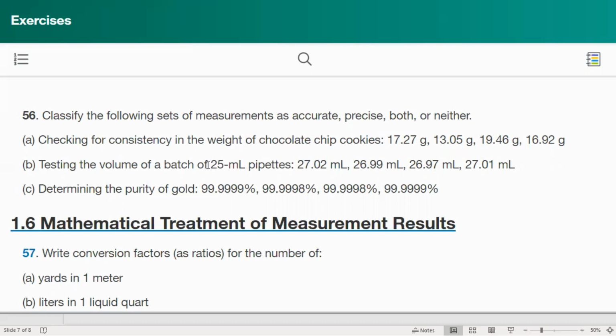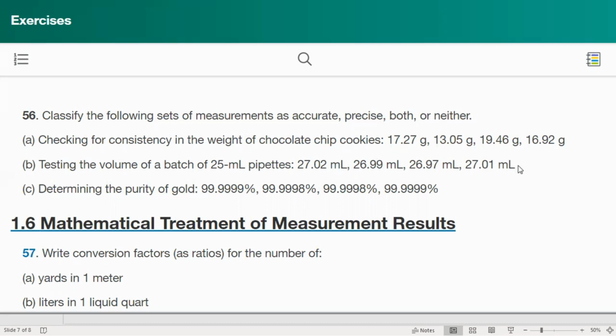Testing the volume of a batch of 25 milliliter pipettes. Okay, so the pipette should be 25 milliliters. We can tell if this is accurate. So 27, 26.99, 26.97, 27.01. These are giving very nice figures.